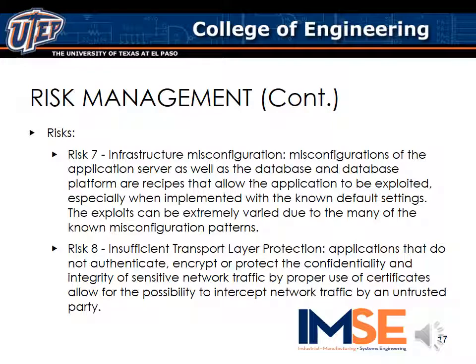Risk 8. Insufficient transport layer protection. Applications that do not authenticate, encrypt, or protect confidentiality and integrity of sensitive network traffic by proper use of certificates allow for the possibility to intercept network traffic by an untrusted party.